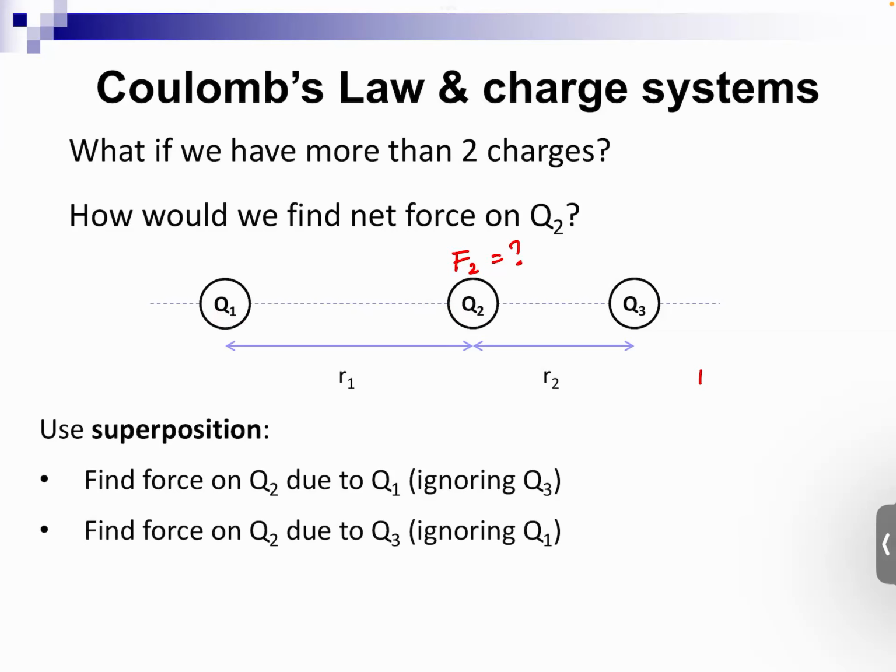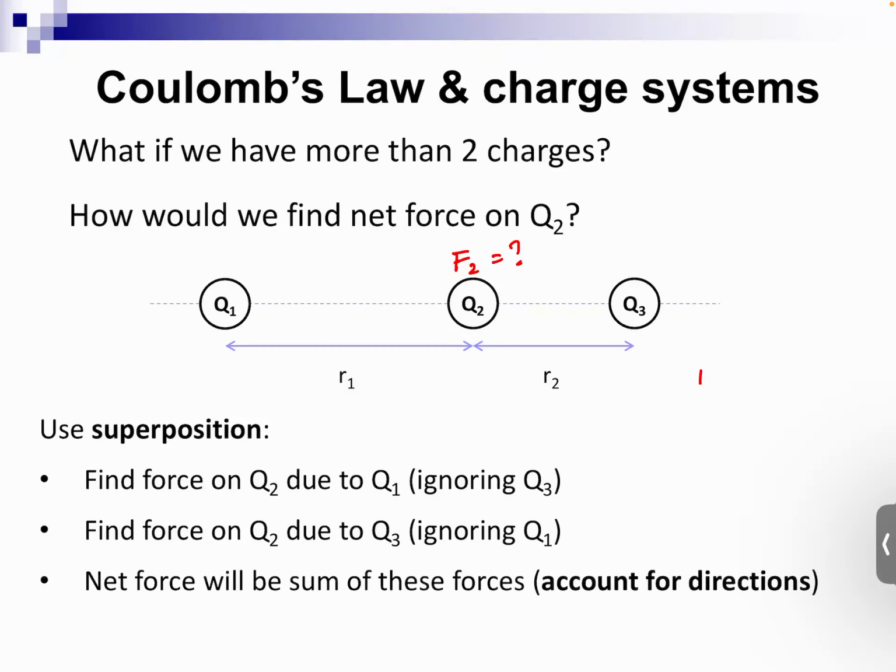And then do the same thing. Find the force on Q2 due to Q3, ignoring Q1. Calculate the magnitude of force due to Q3 using Coulomb's law, and then draw your free body diagram to find the direction. Finally, get the net force by adding the 2 forces that you've calculated.